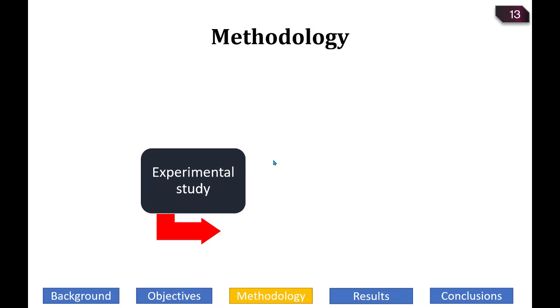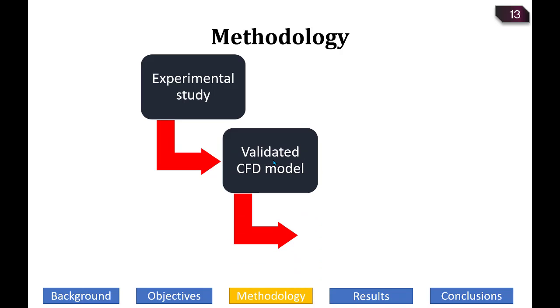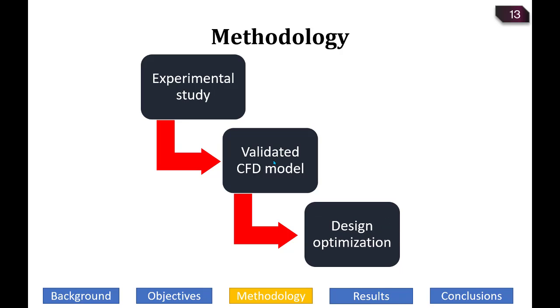The main steps followed to solve this issue were an experimental study in Lenreza laboratory using the indirect type solar dryer, then obtaining a validated CFD model by comparing the experimental studies with the numerical ones. Then, enhancing the uniformity inside the solar dryer using the validated CFD model.